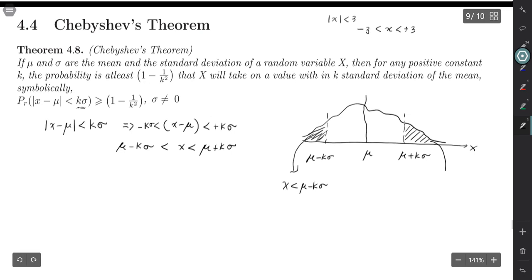And let's say the areas are A in the middle, B and C. So area C is where x takes values greater than, everything to the right, greater than mu plus k sigma.